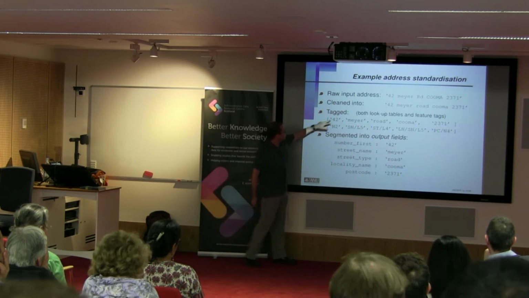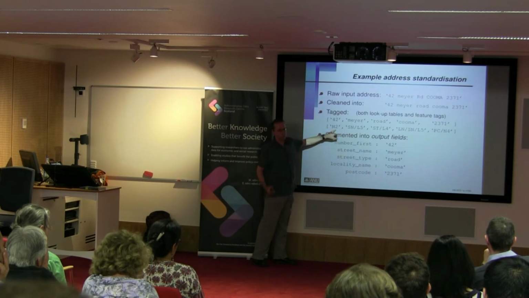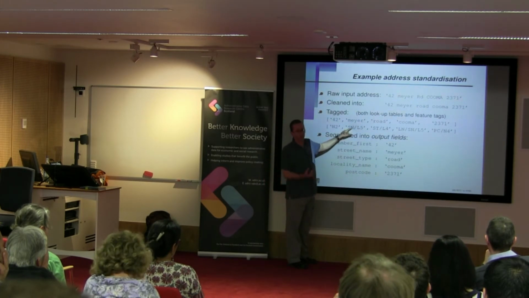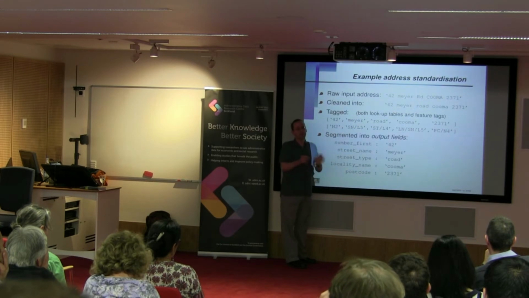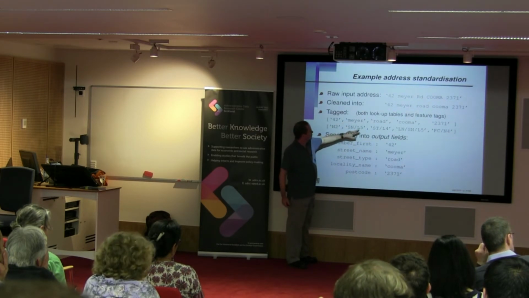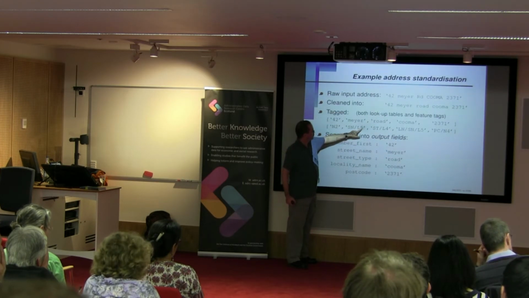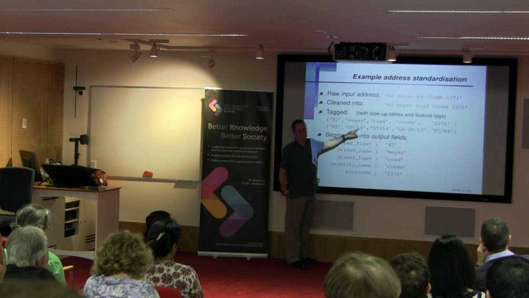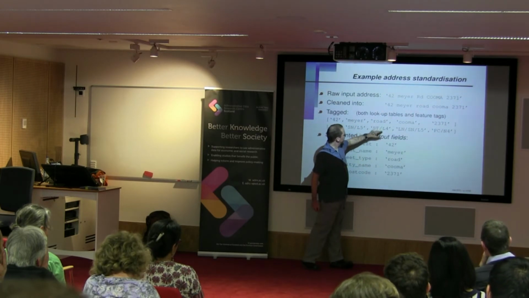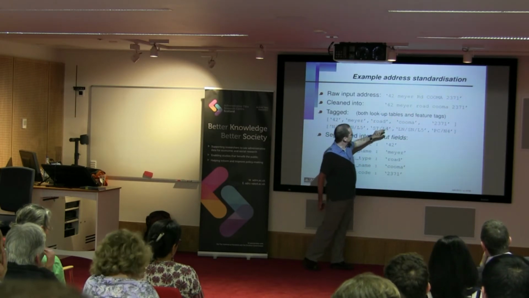So for example, 42 is a number of length 2. Mayor is SN, which means it's a surname. So we found Mayor in a surname lookup table, which we've extracted from data. And it's also a token of length 5, which only contains letters. Road is a street type, and it's a word of length 4, which only contains letters.